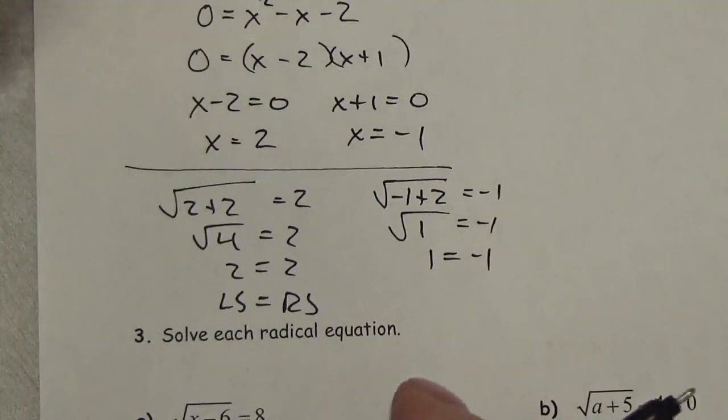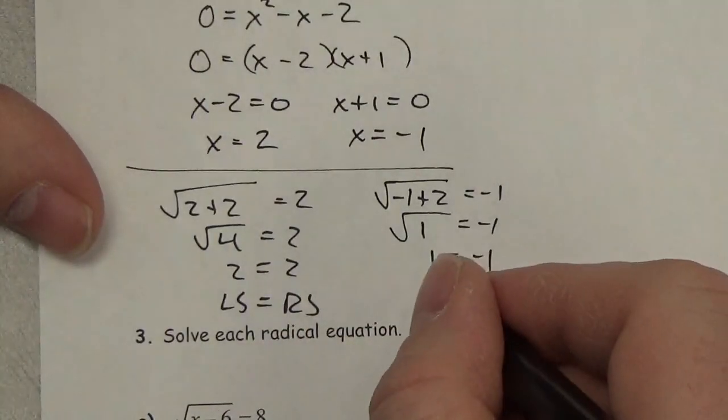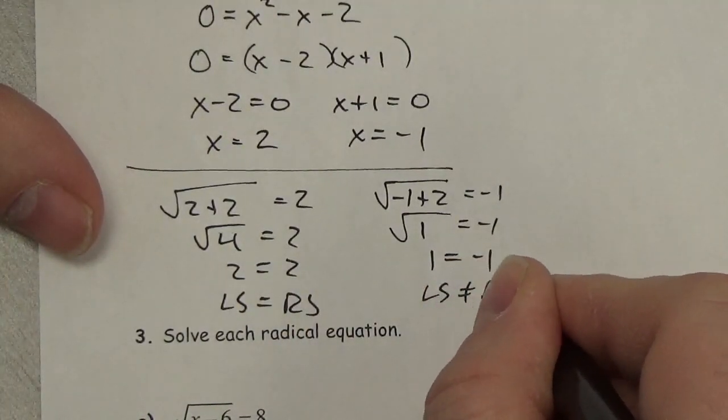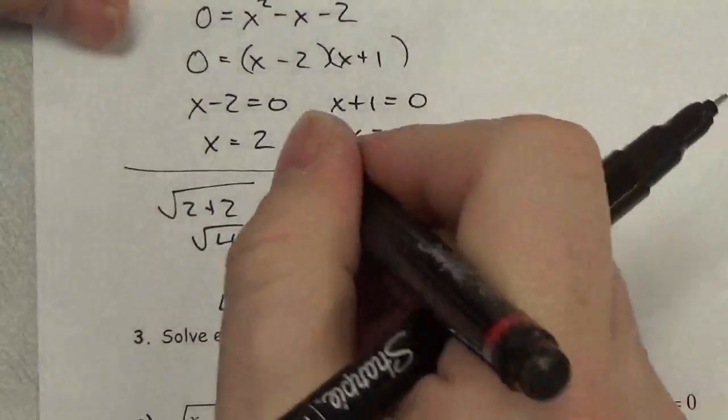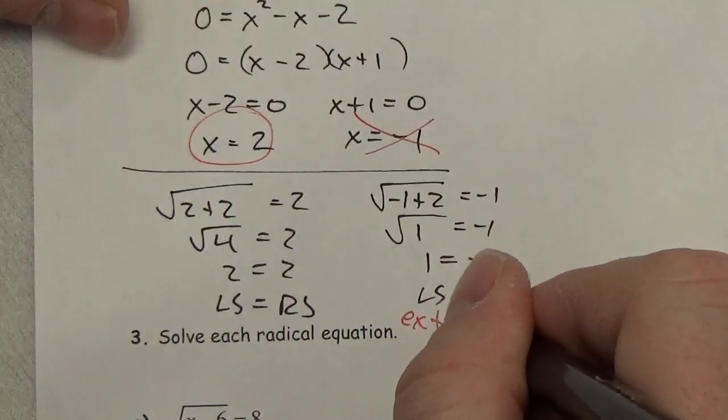Like if I had x squared equal to 9, then x could be plus or minus 3. But in this case, I don't have that. It's just the square root sitting there. It can only produce one. So left side does not equal right side. So what that means is x equals 2 is my solution, and x equals negative 1 is extraneous.